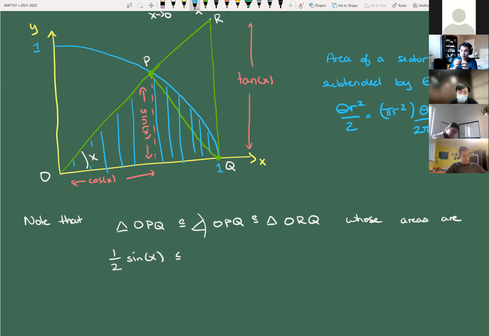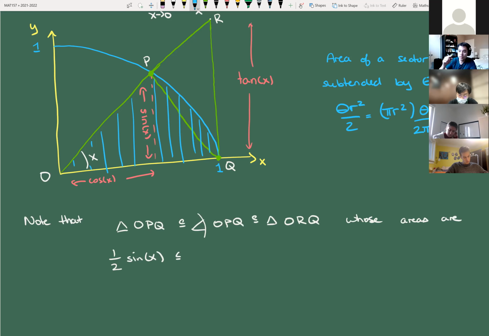So you can see if theta is 2 pi, i.e. I did the entire circle, then theta over 2 pi is just 1. If theta is just pi, then I'm going to get half the circle and so on and so forth, right? So this theta over 2 pi thing is just keeping track of how much of the circle did you actually sweep out. And if you simplify this, this is what you get, right? Theta r squared over 2.